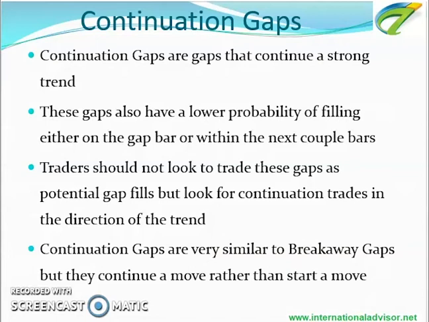Continuation gaps are very similar to breakaway gaps, but they continue a move rather than start a move. And it could be very helpful if you remember when we studied R zones and the continuation. So this is another reason which you can add.